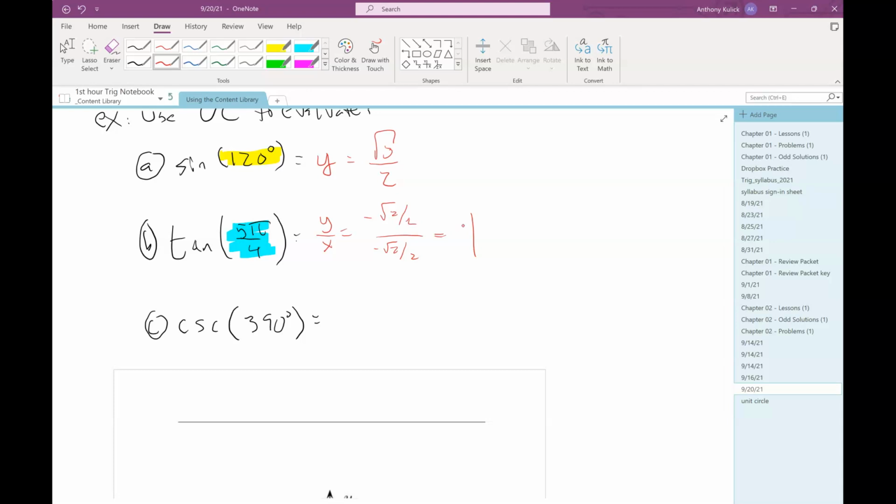Now, for cosecant of 390, I notice that the unit circle only goes up to 360 degrees, right? So what I'm going to do is find the angle that's coterminal to 390 degrees, also between 0 and 360. I can get that just by subtracting 360.